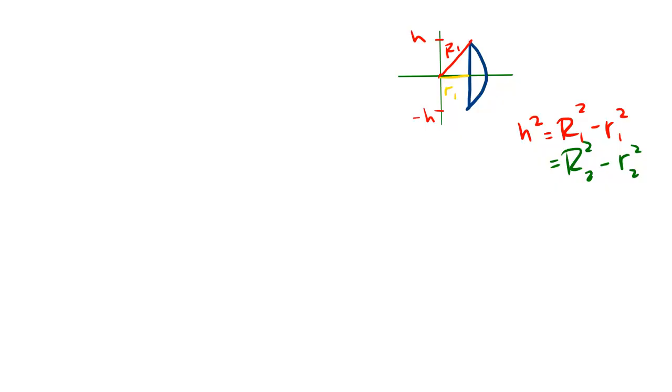I'm going to do it first with the shell method, which is a little bit different than we did in class. But the shell method involves taking vertical slices here. Now let's recognize that this shape, the circular arc, well, the whole circle, its equation would be, Pythagorean theorem again, x squared plus y squared equals big R1 squared in this case, or big R2 squared in another case.